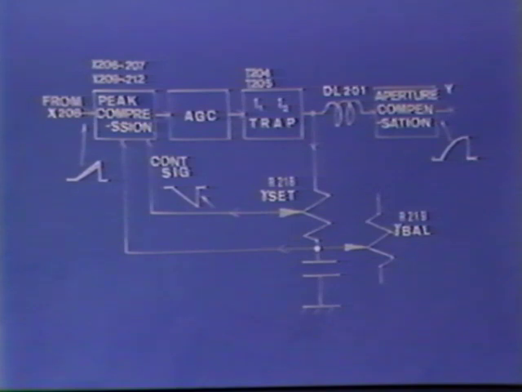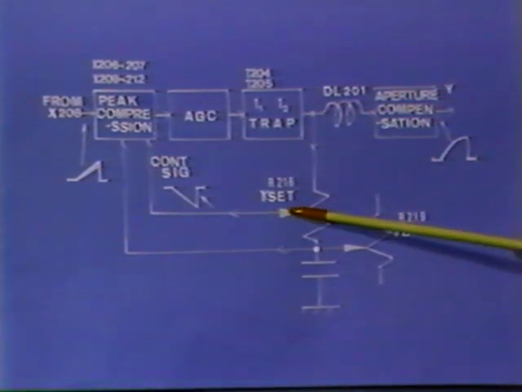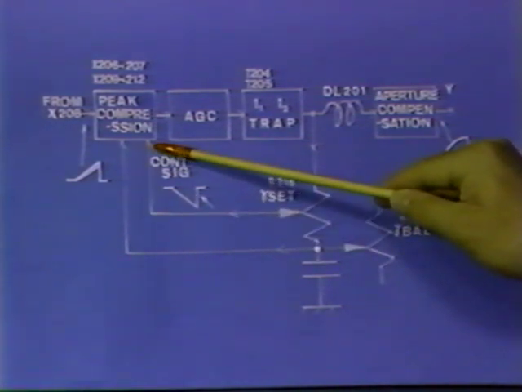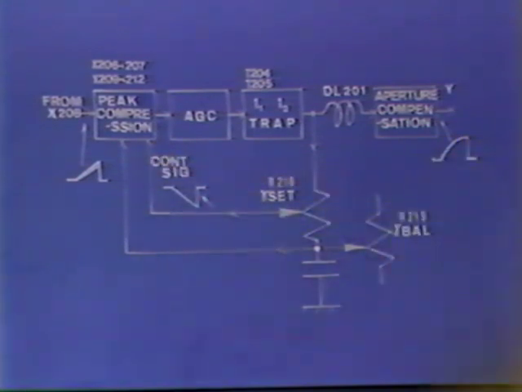This makes the peak compressor's control signal and is applied to the compressor through the R216 gamma set potentiometer.